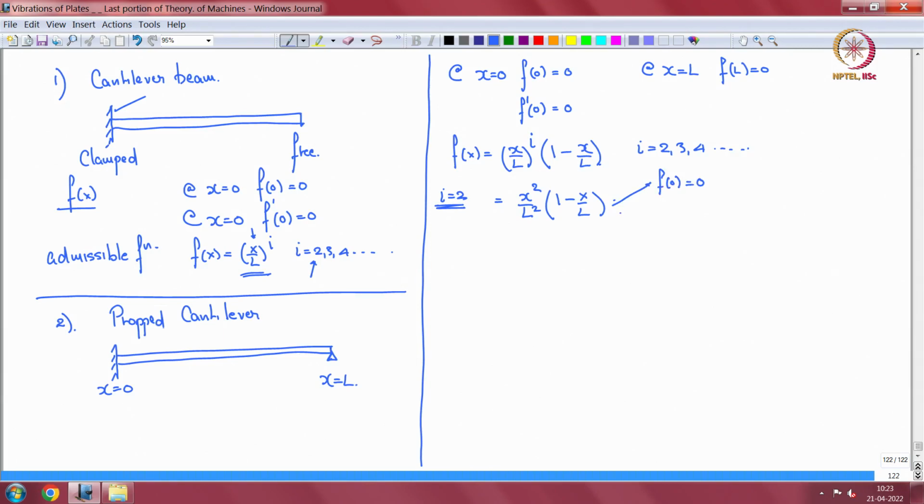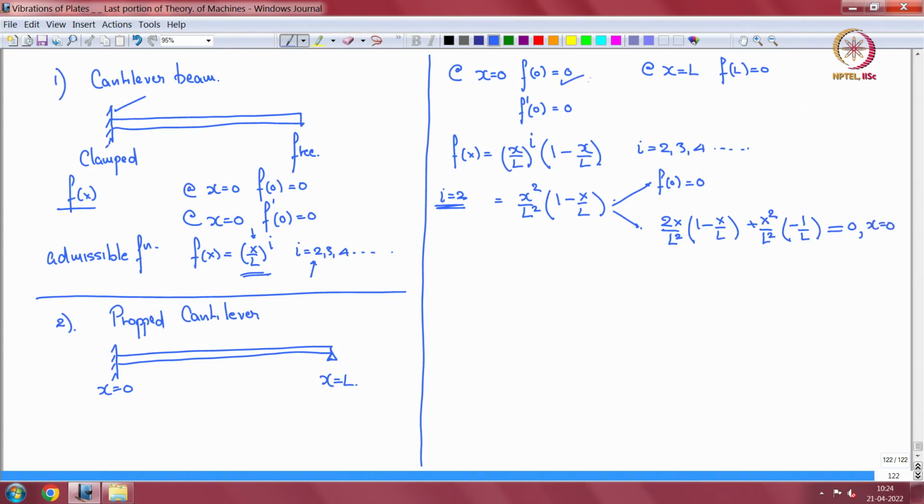Then f dash is what? 2x by L square into 1 minus x by L plus x square by L square times minus 1 by L. Definitely 0 at x equal to 0.